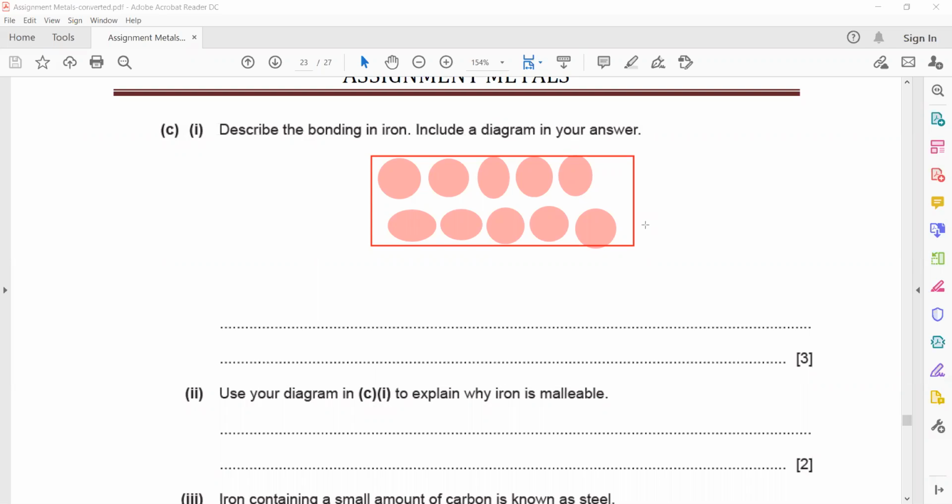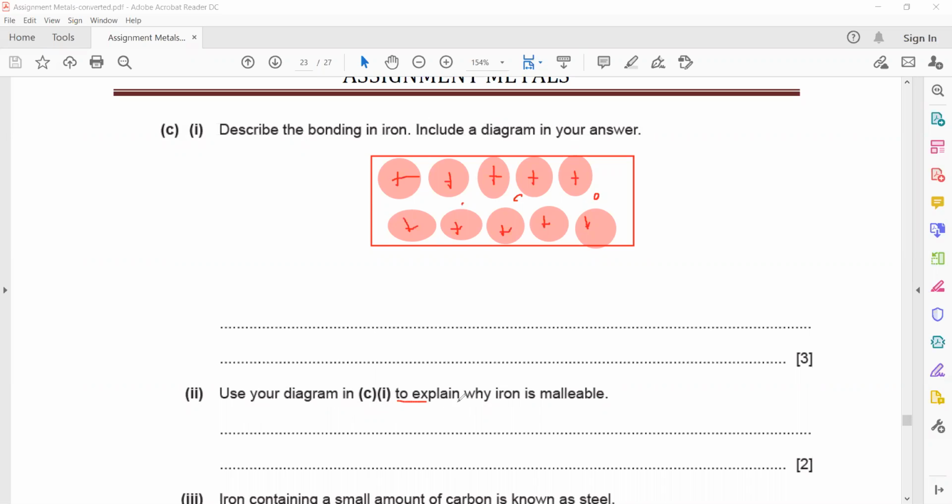But the question was, describe the bonding in iron. So you'll mention it has a lattice of positive ions and delocalized electrons. There's a regular arrangement of the positive ions and the free electrons, held together by a strong electrostatic force.